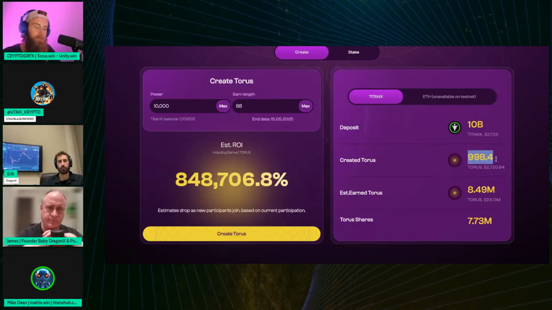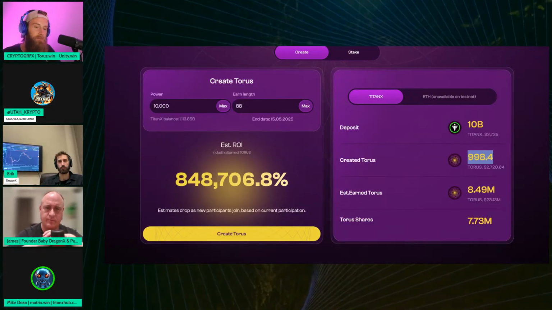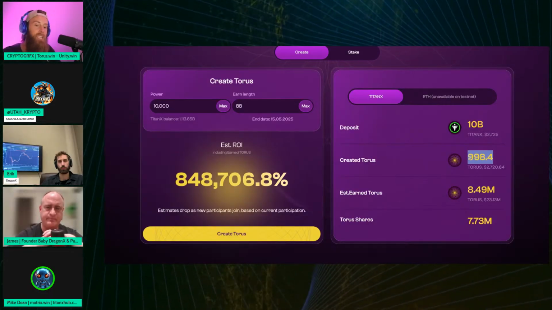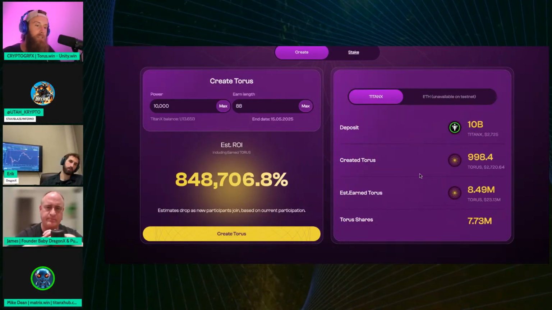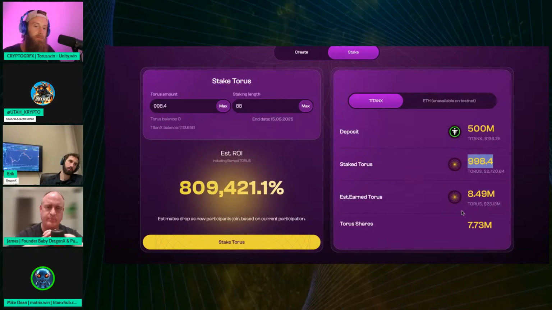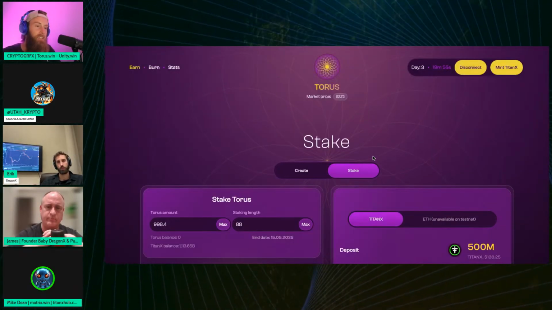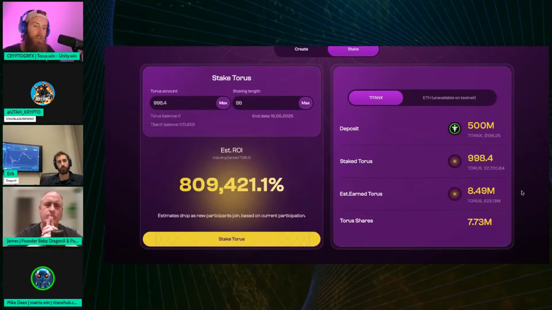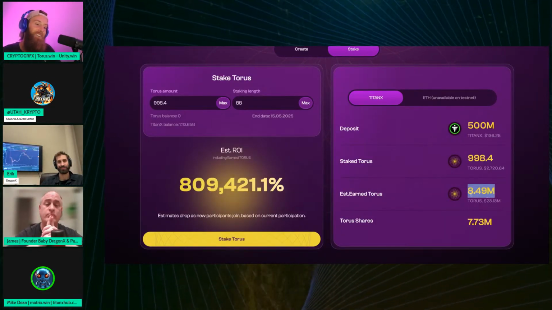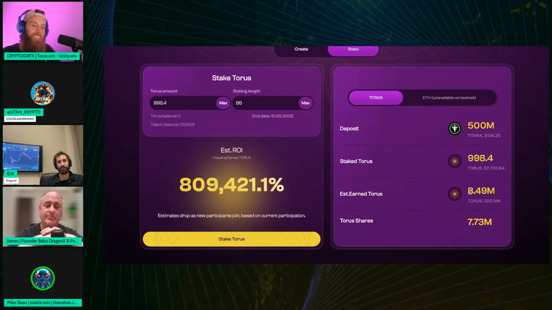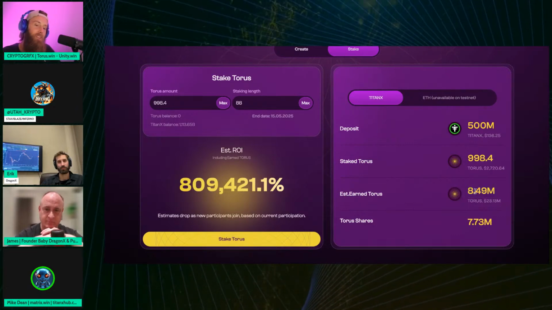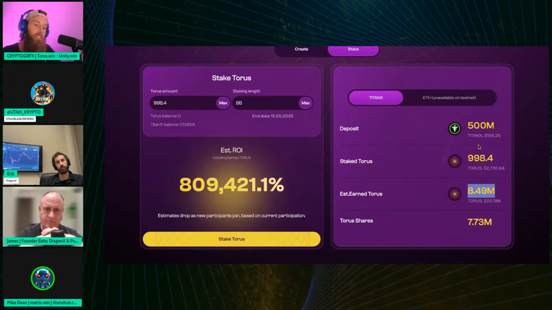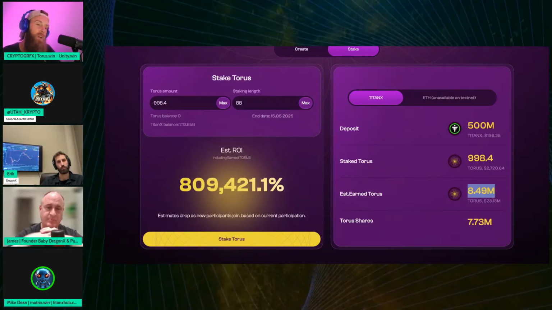So at the end of your stake or creation, you're guaranteed to get this amount of tokens, no matter what, and only what you've earned. So let's say you earn 8.5 million Torus. If you, for some reason, let all this go into penalties, you'd still be remaining with this. And what's cool though is 50% of the penalties are burnt, which makes Torus even more rare over time.